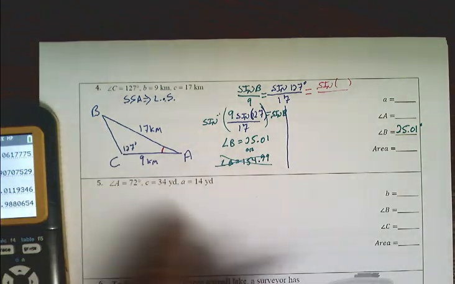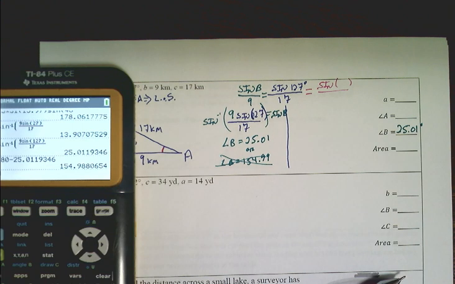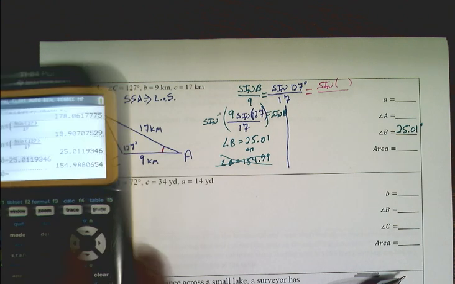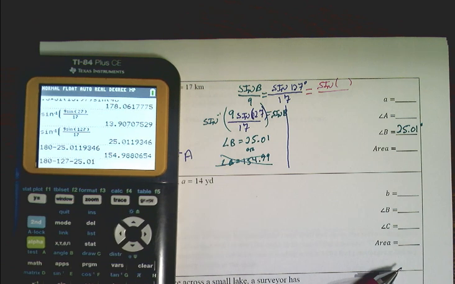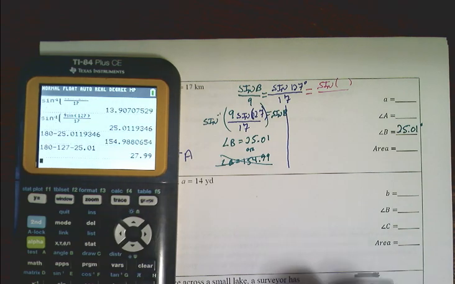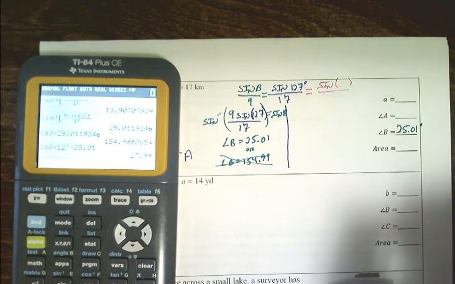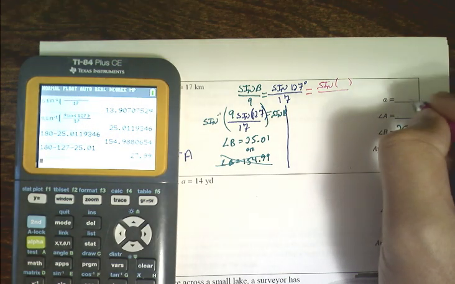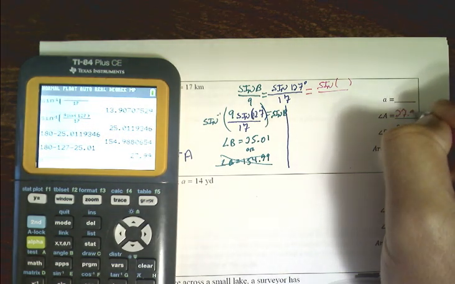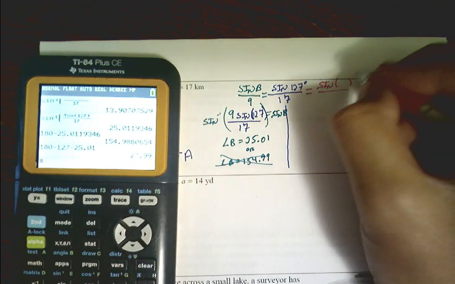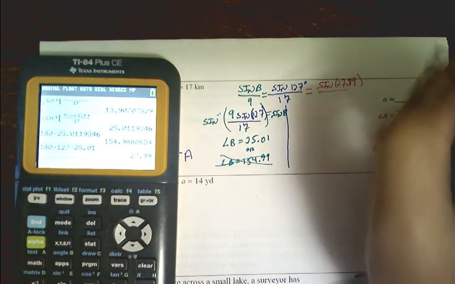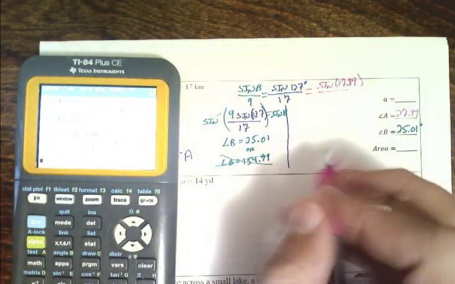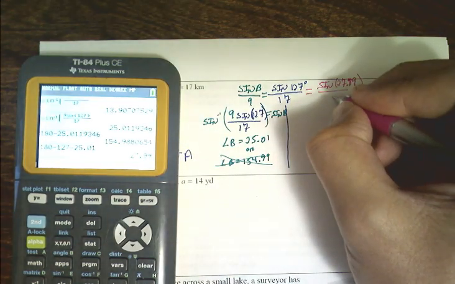We already have angle B and angle C, so we can just do 180 minus 127 minus 25.01. And that gives us angle A being 27.99. So we can plug that in here, sine 27.99 divided by lowercase a.